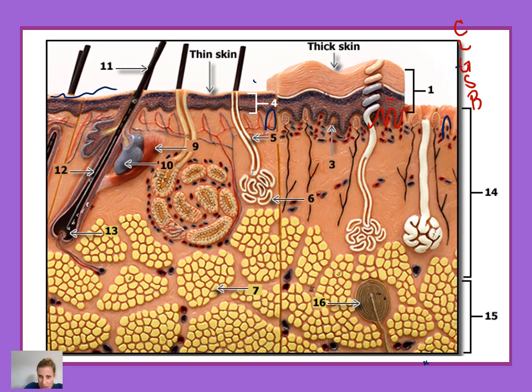Then this thicker light area right here is the stratum spinosum. This dark purple line right here is the stratum granulosum. The white line is showing you the stratum lucidum. And then this whole thick outer portion is the stratum corneum.